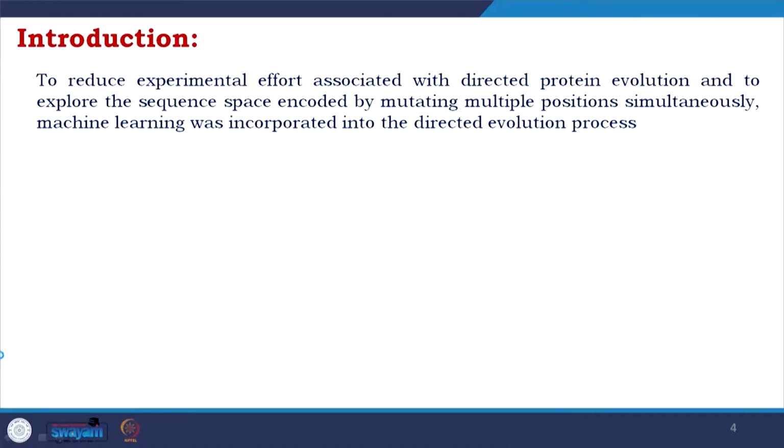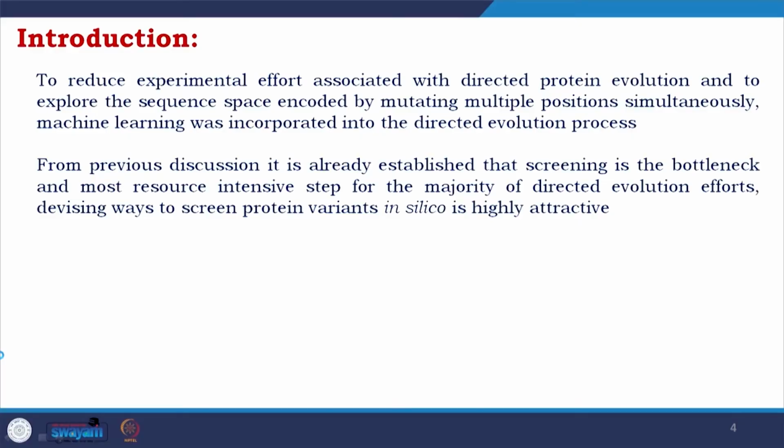So, one of the current scenarios in the world is to reduce the experimental effort using machine learning based approaches, but here we want to reduce the experimental effort associated with directed protein evolution. In addition, we want to explore the sequence space encoded by mutating multiple positions simultaneously. So, we want to make more complex designing of the mutational spectrum in each generation, and that is why we want to introduce machine learning.